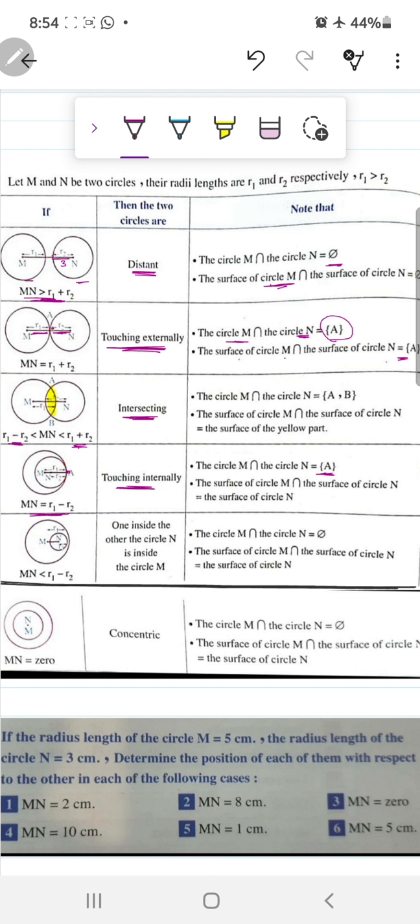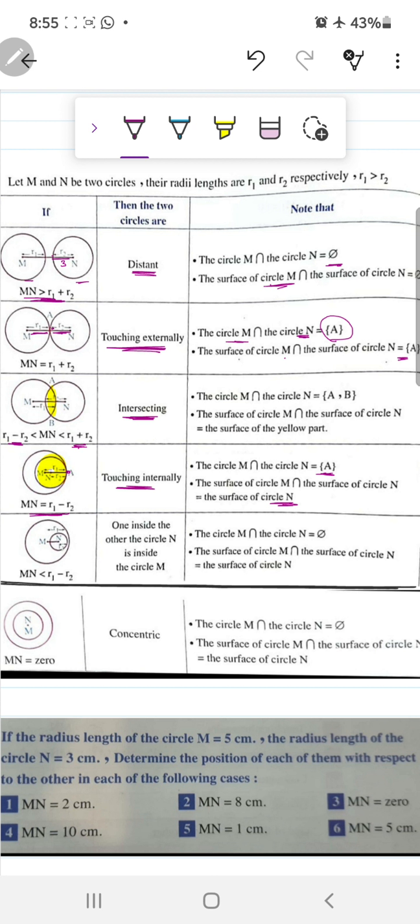What about the surface of circle M intersection the surface of circle N? It means the surface of circle N. Here we have the intersection between their surfaces, which means this circle, which is circle N. Here we have one inside the other.